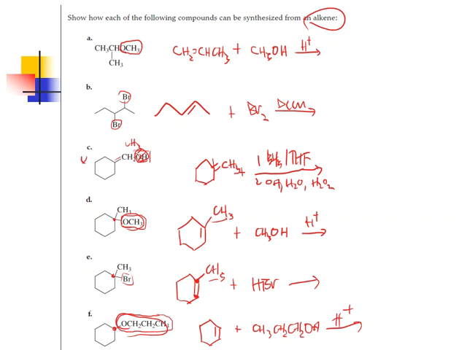Not with this one, because this goes backward. But with this one we could have, and with that one we could have. And instead of choosing H plus and alcohol here, we could have easily chosen the mercury routes. That would have been an alkoxymercuration. So that would have been another possible choice in order to make these products.